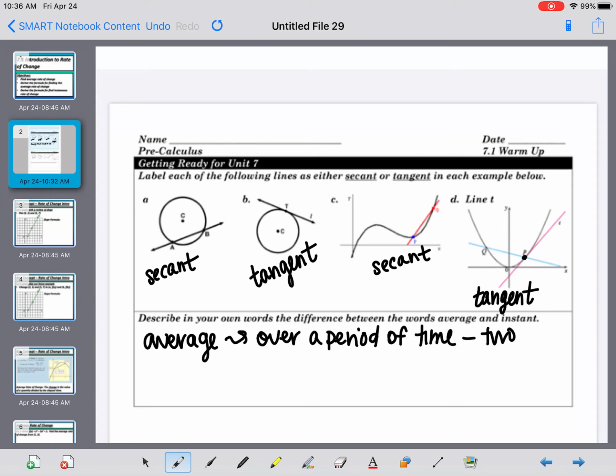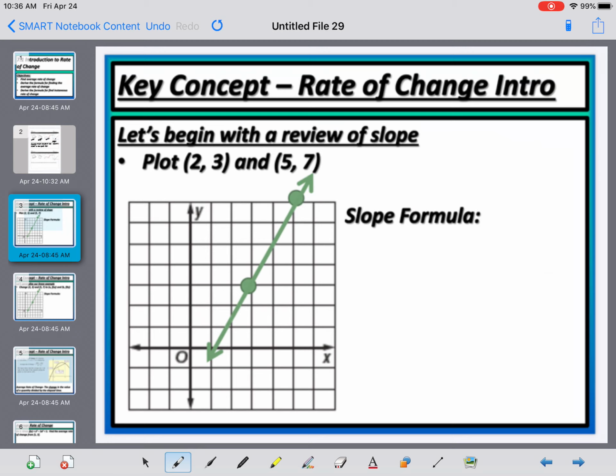When you find the average, you need at least 2 points. And then instant would be at one specific point. Maybe you had something similar written down to each of those.